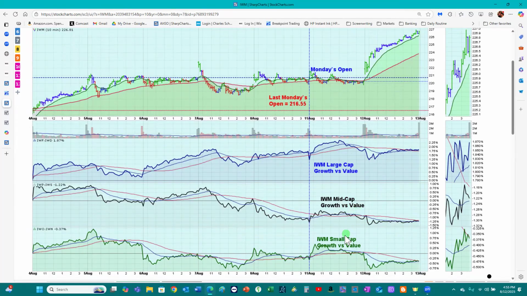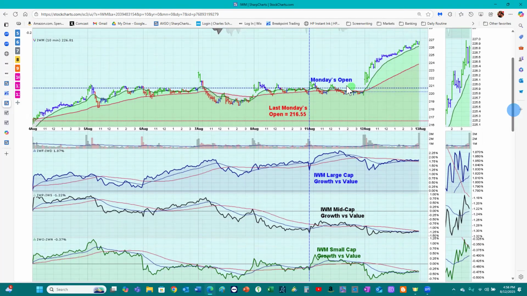Mid cap and small cap growth, however, even as well as this did, it looks like it's being driven by value stocks instead of growth stocks. So that is a little bit concerning to me. You would expect that if the rotation is into growth, then as the Russell 2000 takes off and does really well, you would think the growth would do really well also.